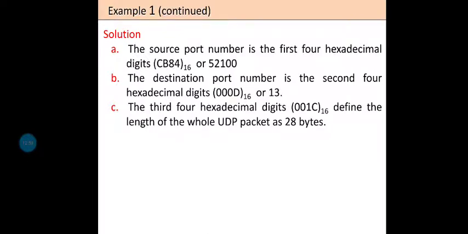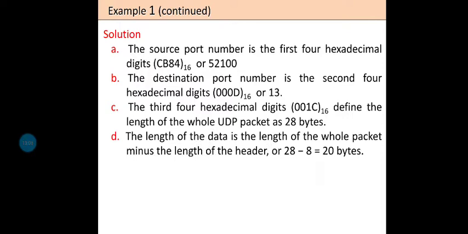The total length of the UDP packet is 28 bytes, and the length of the data is the length of the whole packet minus the length of the header. The header is 8 bytes. From the given problem, the total length is 28 bytes.